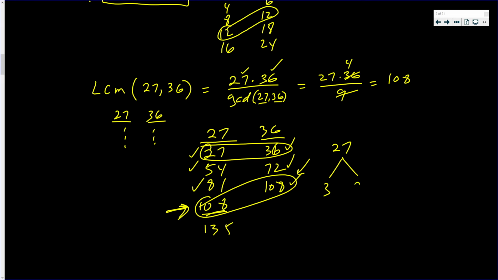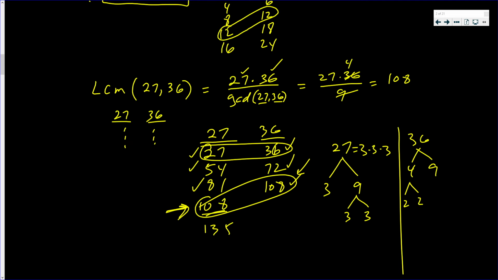27 is 3 times 9. 9 is 3 times 3. So 27 is 3 times 3 times 3. 36 is 4 times 9. 4 becomes 2 times 2. I circle the prime numbers like 2 and 2. And 9 is 3 times 3.